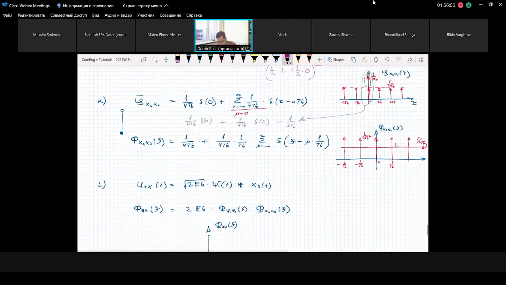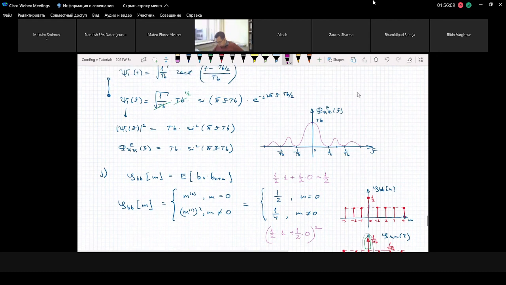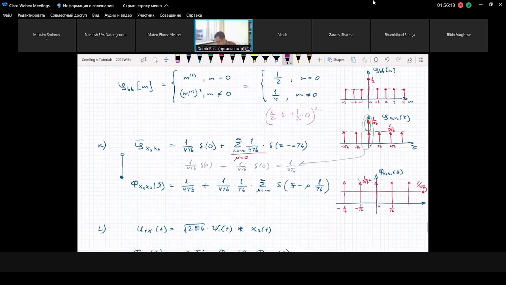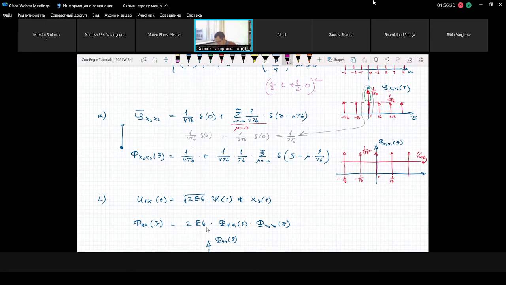For the original function it was TB for the energy spectral density, times here 1/4 TB times 2 EB.